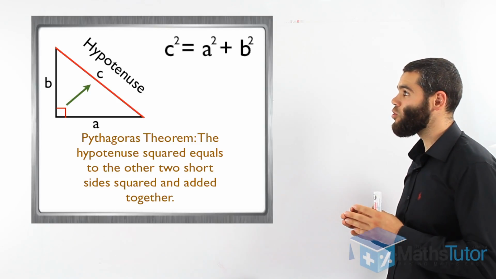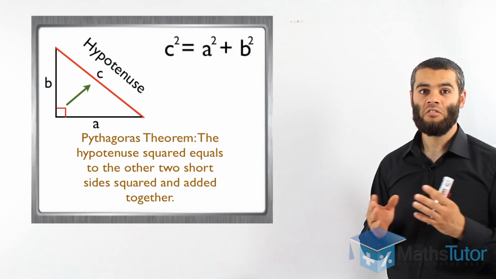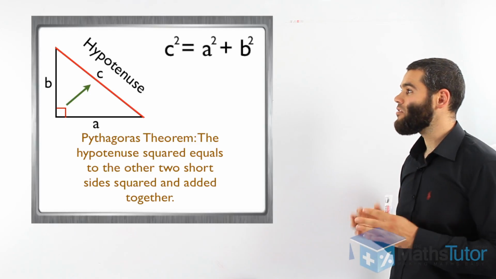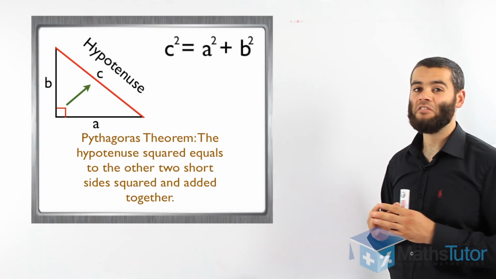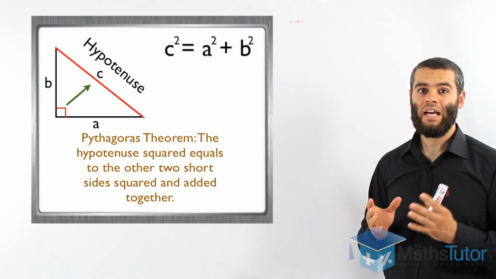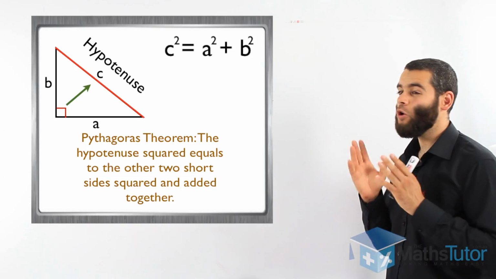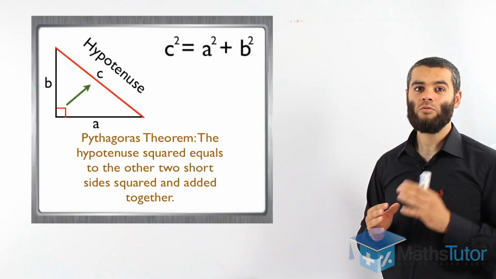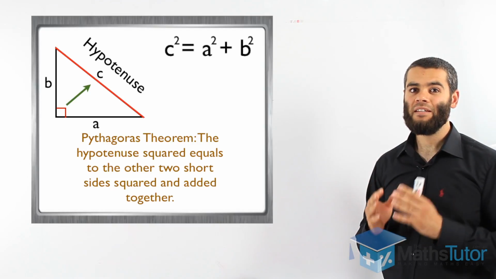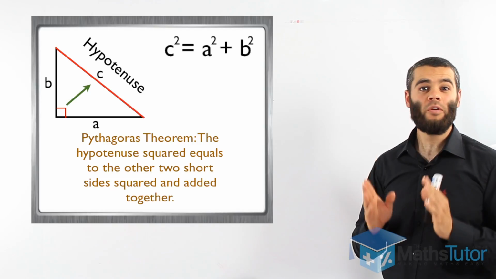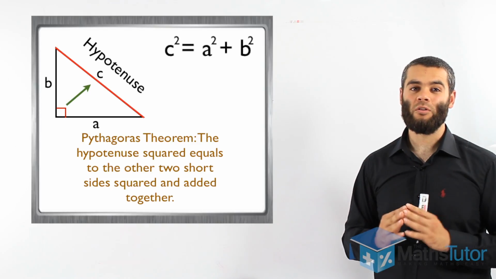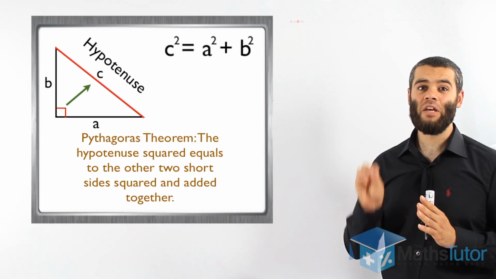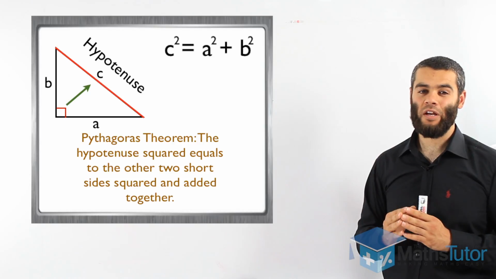We marked the other two short sides with a and b. So the formula is c squared equals a squared plus b squared. He found out that the hypotenuse squared will always equal the other two short sides squared and added together. This will only work in right-angled triangles. So this is a special relationship that only applies to right-angled triangles.